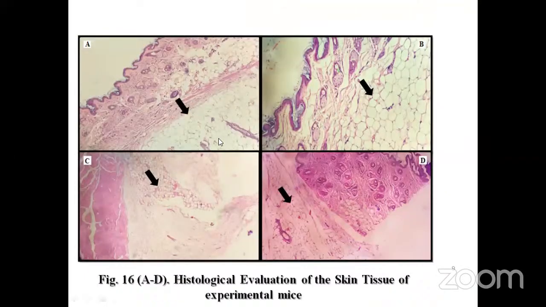This picture represents the histopathological confirmation. We have done biochemical parameters followed by histochemical parameters and histological evaluation of the skin. The control does not show any fat body deposition when compared to the induced group.